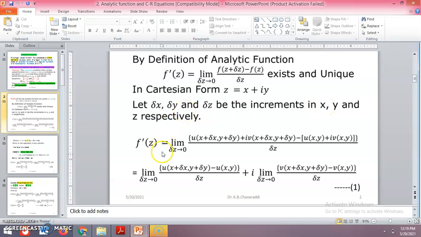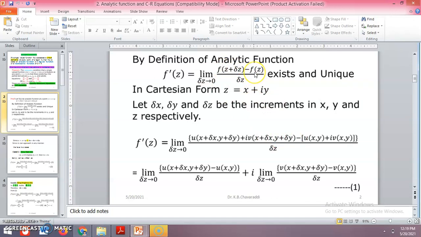So z is replaced by x plus iy, and as we know f of z is u plus iv, so f of z plus delta z is u of x plus delta x, y plus delta y, plus iv of x plus delta x comma y plus delta y. This is f of z plus delta z.